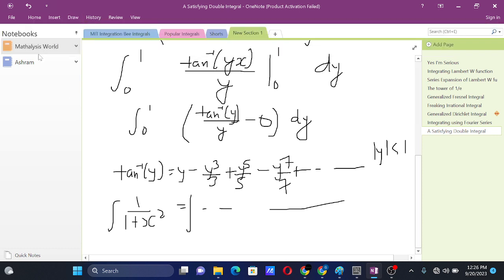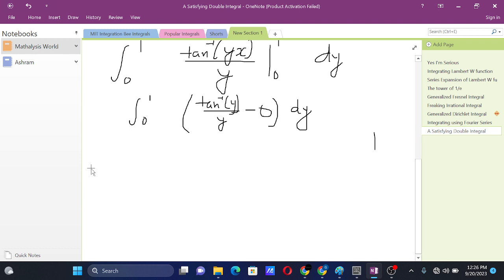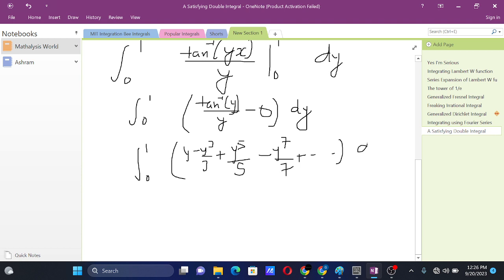Okay, so now that we have the series for tan inverse y, we can begin to integrate, and we will get the integral from 0 to 1 of y minus y cubed by 3 plus y to the power 5 by 5 minus y to the power 7 by 7 plus and so on, dy, divided by y.